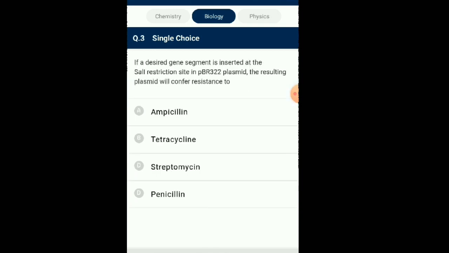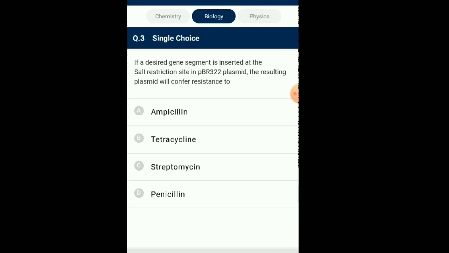Question number 3. A desired gene segment is inserted at the SalI restriction site in pBR322 plasmid. The resulting plasmid will confer resistance to. Plasmid pBR322 contains 2 resistance genes, namely the ampicillin resistance gene and the tetracycline resistance gene. These resistance genes are used as selectable markers.